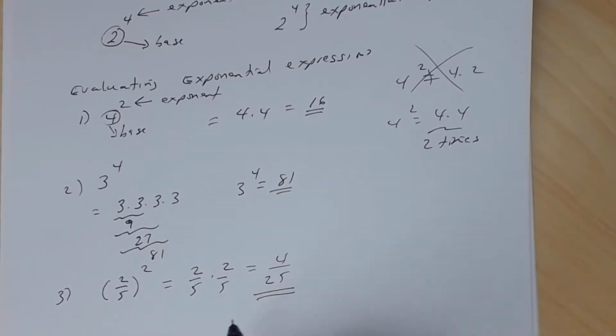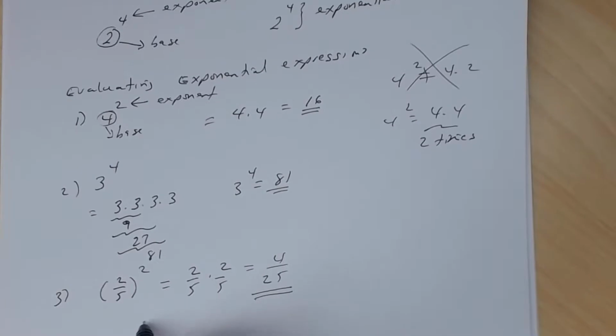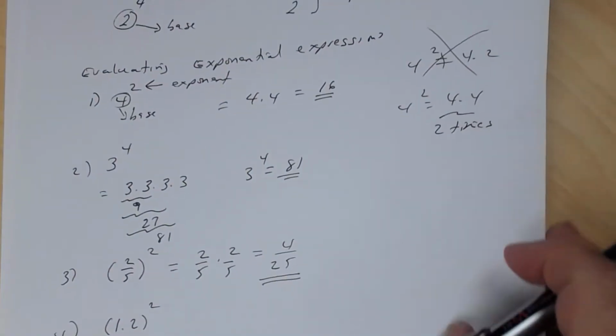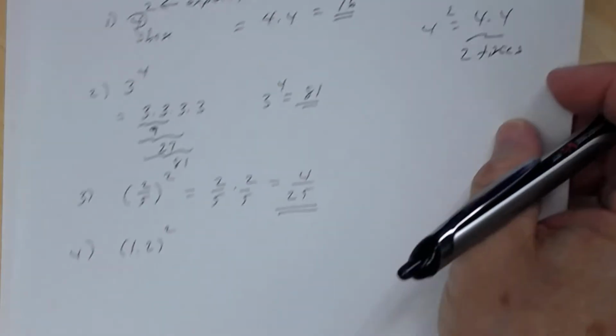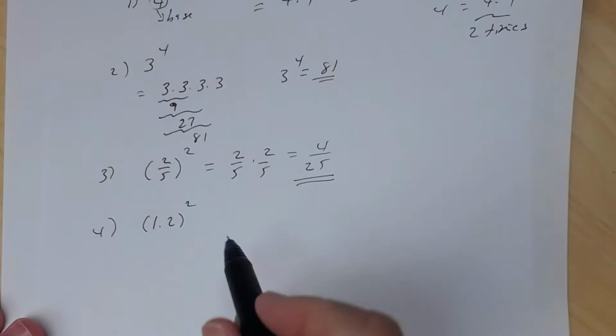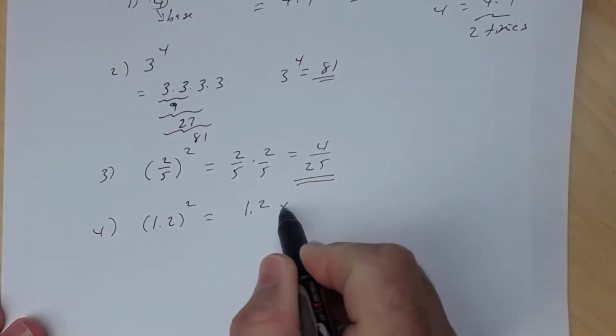Alright, now suppose we had this one, number 4. Suppose I had 1.2 squared. So I have this decimal right here. So you have 1.2 or 1 2/10 squared. Again, what that means is 1.2 times itself.